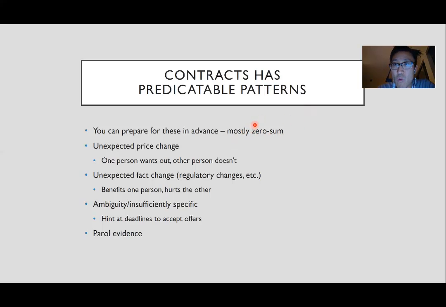And one thing to do is to go through your outline and think about in advance, you can't write out answers in advance, but you can begin to plan out different scenarios in your head. So a classic contracts case is someone agrees to deliver some commodity at a certain price, and that person actually has to purchase the commodity.